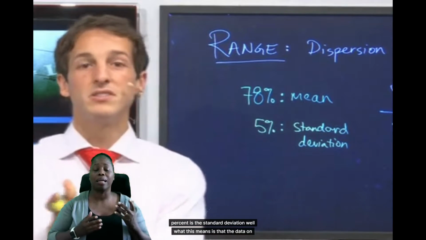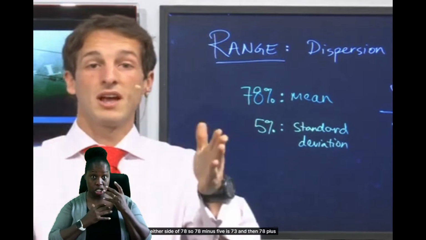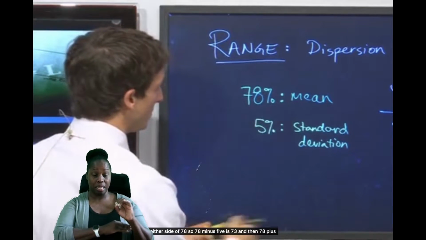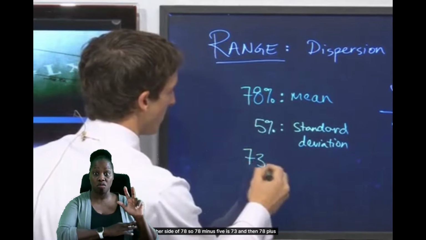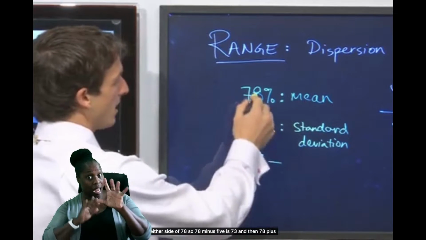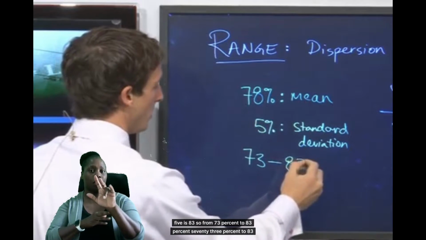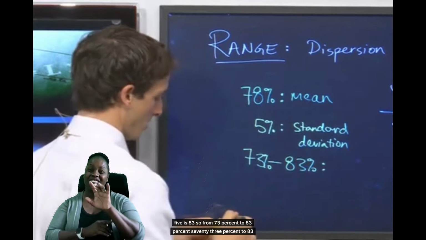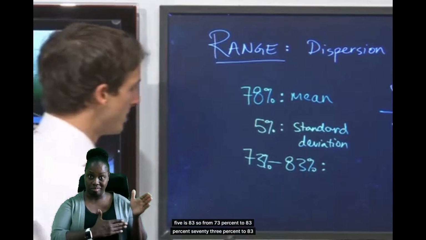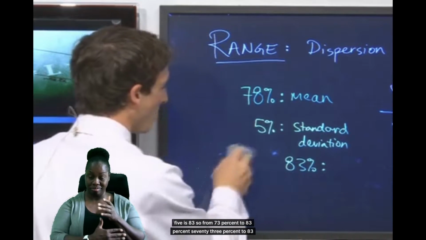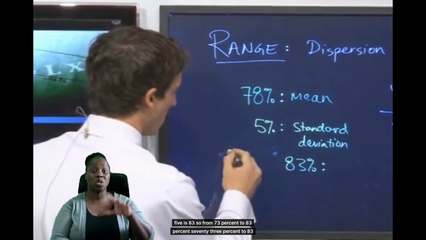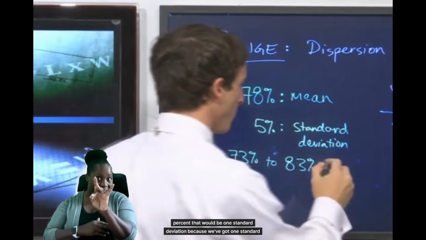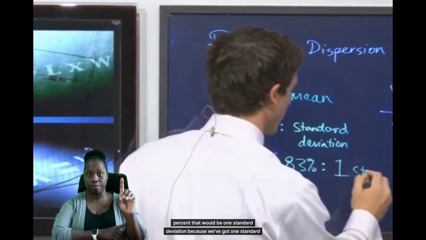Well, what this means is that the data on either side of 78, so 78 minus 5 is 73, and then 78 plus 5 is 83, so from 73% to 83%, that would be one standard deviation.